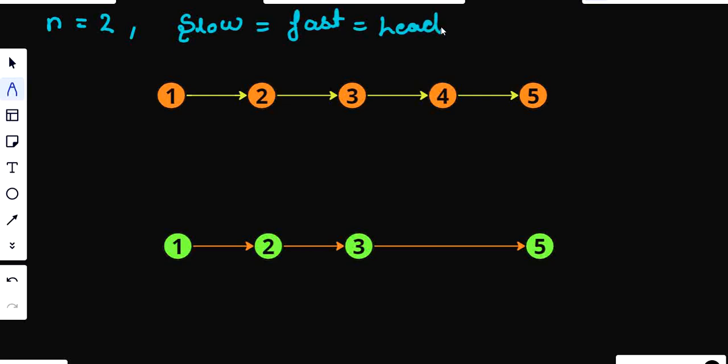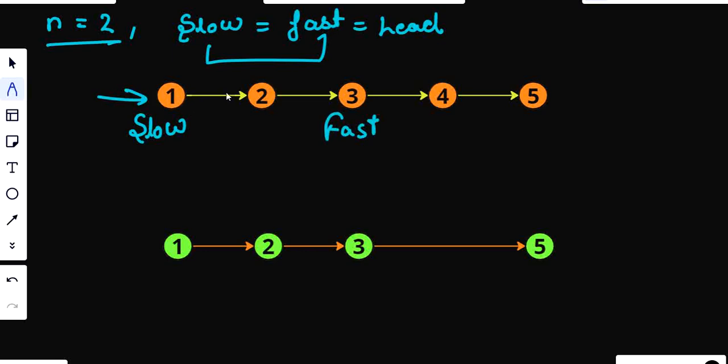Now what we will do is, firstly we will make sure that these 2 pointers are at a distance equivalent to n. So there has to be a distance between these 2 pointers, and it is going to be equivalent to n. So for that we will run a loop, and our slow pointer will be at this place, but our fast pointer will be at this place.